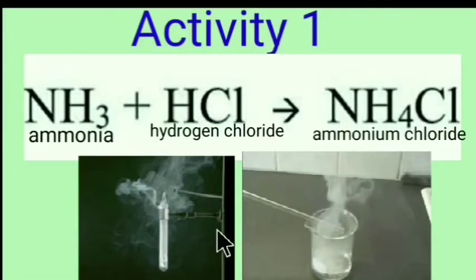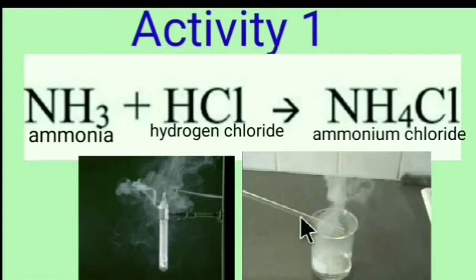What must happen? Due to heating HCl, vapor starts coming out from the test tube, and NH3, that is ammonia gas, comes out from the glass rod dipped in the ammonia solution.